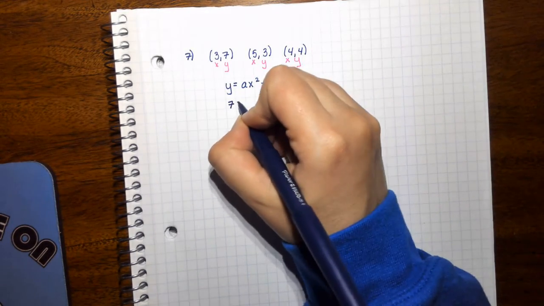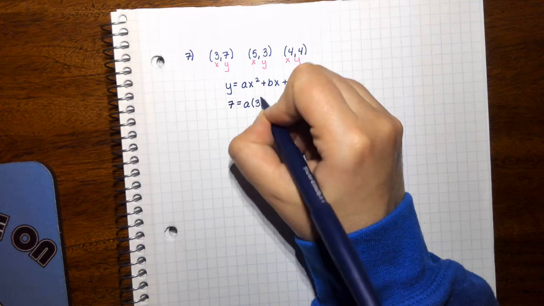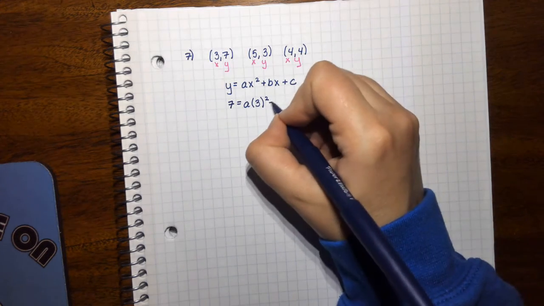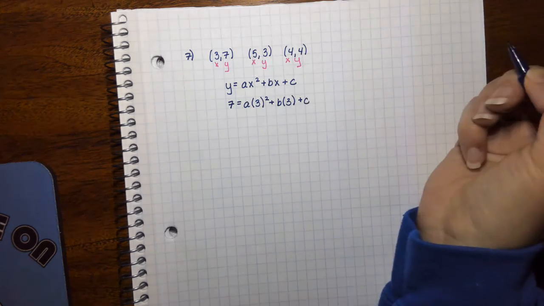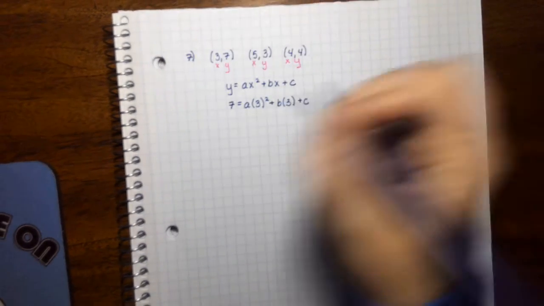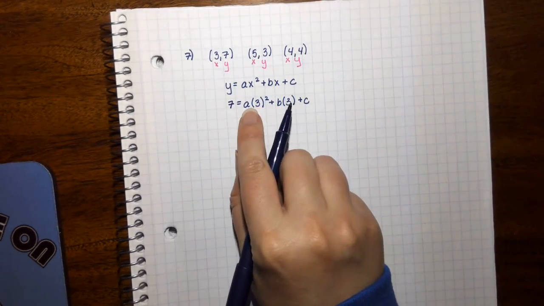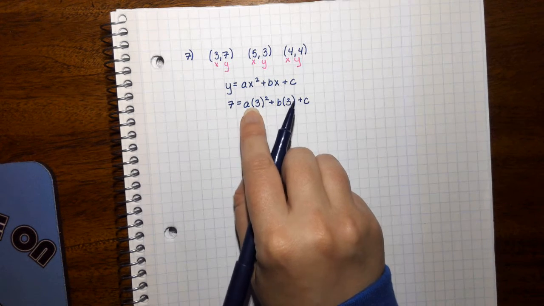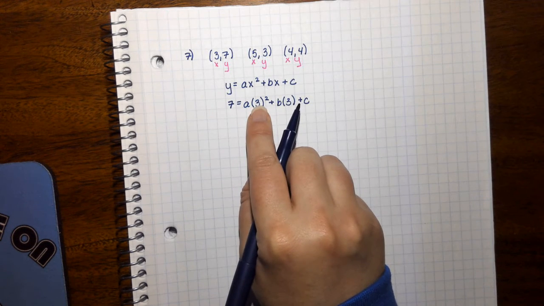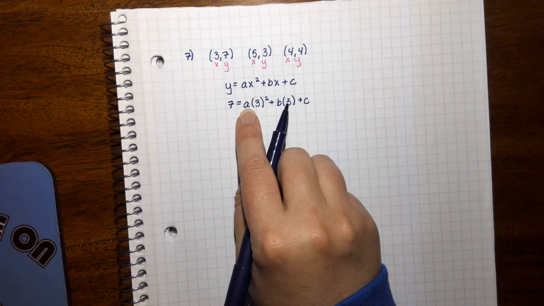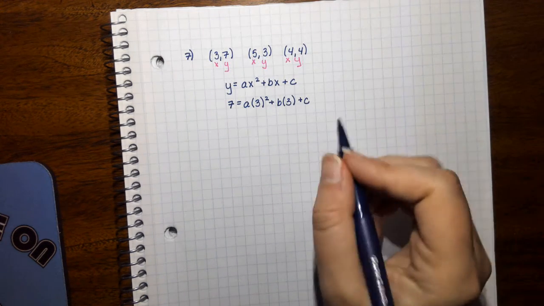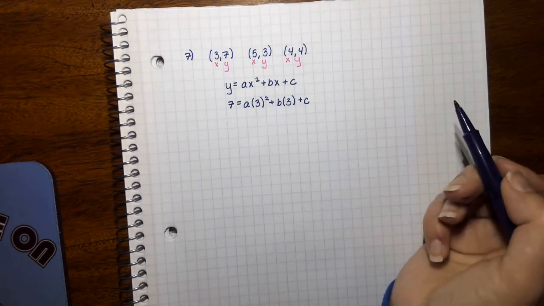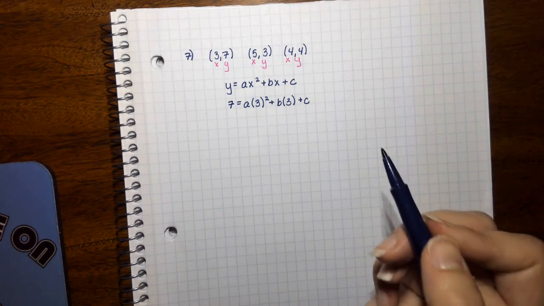Y is 7, a times 3 squared plus b times 3 plus c. Notice I don't have a squared here. This will become a constant. If you're getting a squared here, that's because you're not putting your parentheses and your squared in the right spot. So you should not have any quadratics when you get to your system.